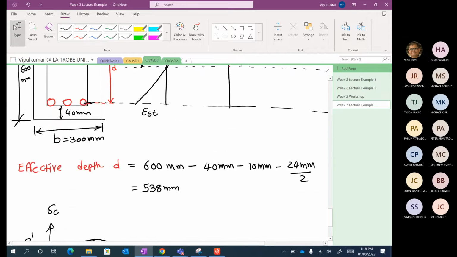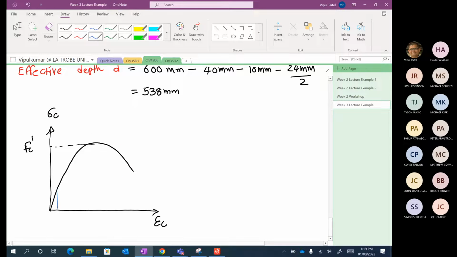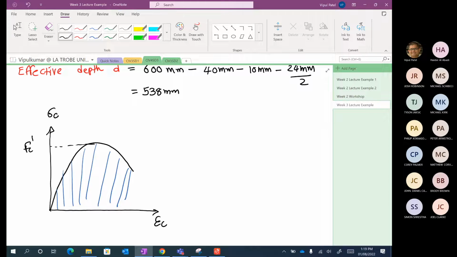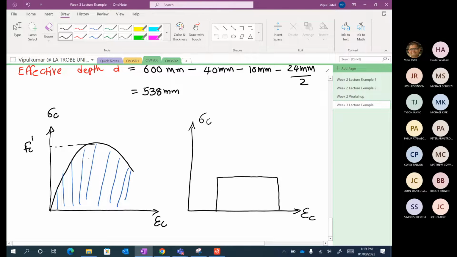The reason is that engineers have difficulty finding the area under this curve if it is this non-linear curve. So engineers came up with saying, all right, how about we replace this blue one by this rectangle. Let's say this is the area under the curve, and this is also the area under the curve, and areas 1 and 2 are the same.